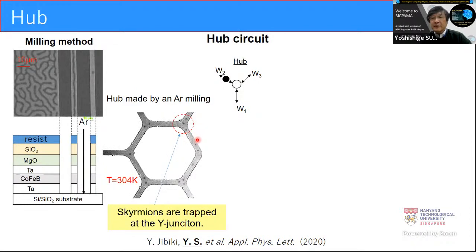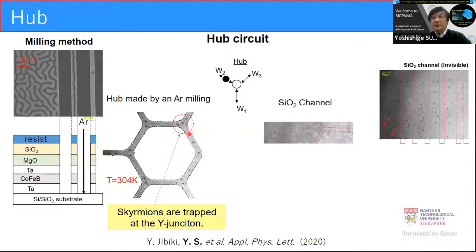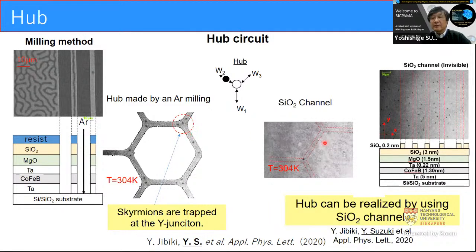If this stray field is not uniform, then Scanion can be trapped by this field gradient. That's the case of this circuit. But if you don't cut the magnetic film, then there's no such field gradient, and Scanion can move freely. That's our result. Is it the answer to you?